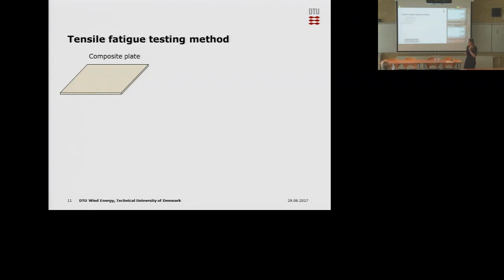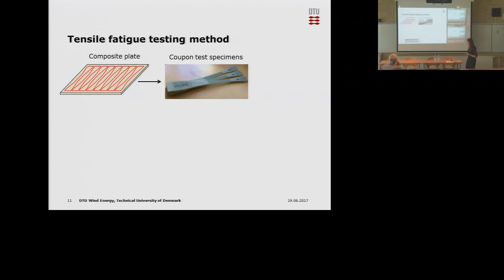So, back to fatigue. How do we actually test these materials in fatigue when designing the blade? What is usually done is to manufacture a composite plate, so a plate of this material, and you cut it into some coupon test specimens, which is, for example, like this one. It's a common one for these unidirectional composites.